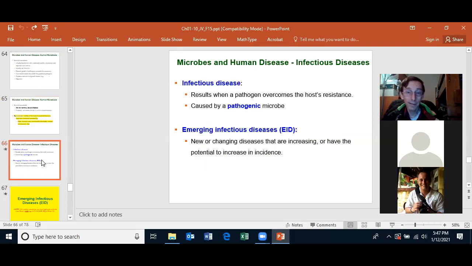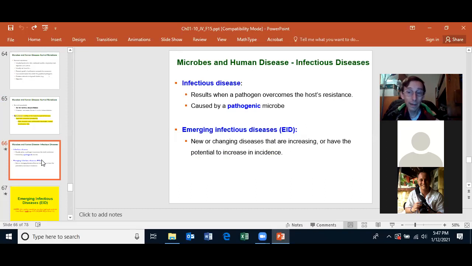All infectious diseases are caused by pathogenic microbes. A pathogen, if you remember, is just a microbe that causes disease. An emerging infectious disease is a new or changing disease that is increasing or has the potential to increase in incidence.